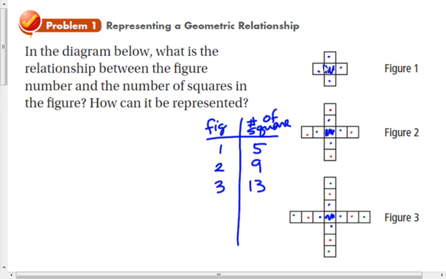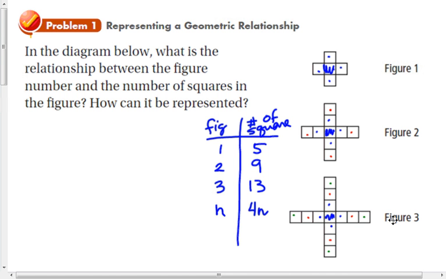So let's make up a letter n for the figure number, and you might notice that we added 4 every time. So we're going to multiply by 4.